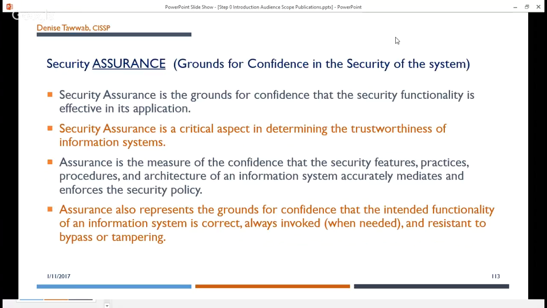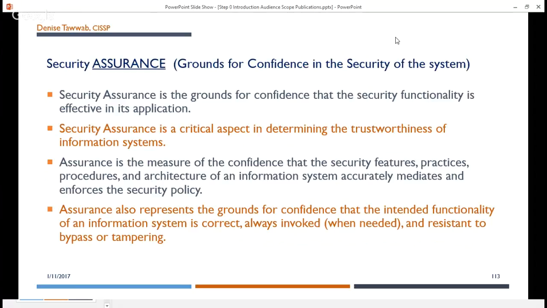Security assurance is your grounds for confidence in the security of the system. Security assurance is the grounds for confidence that the security functionality is effective in its application. Security assurance is a critical aspect in determining whether the information system is trustworthy.